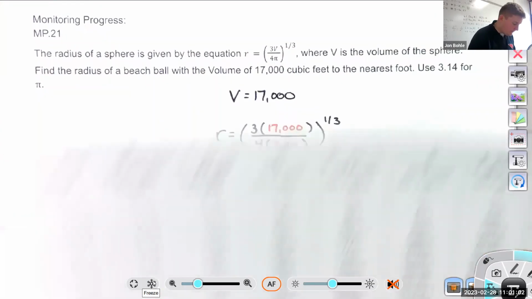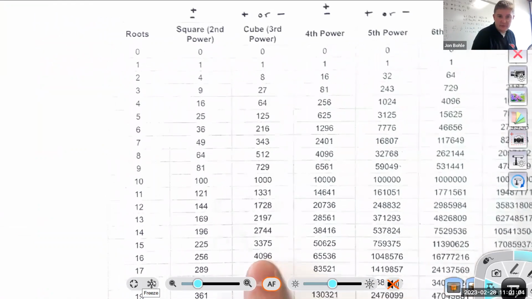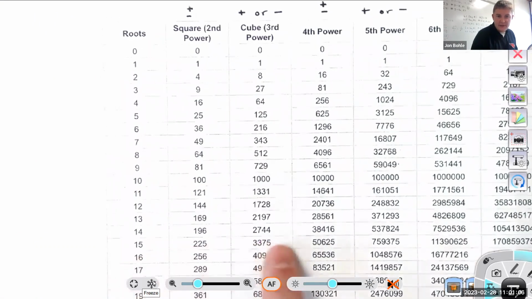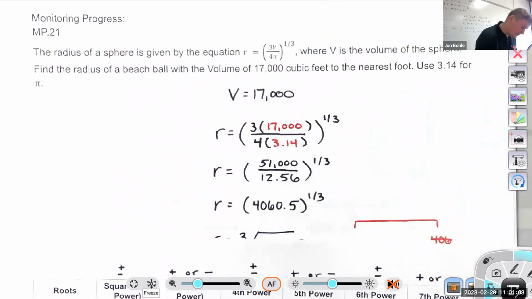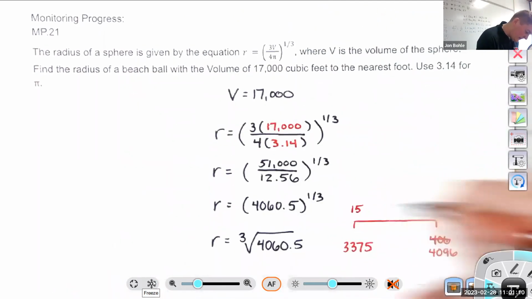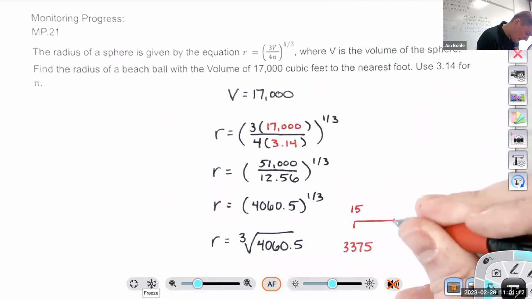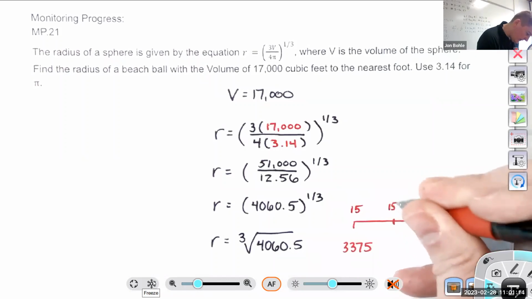Okay, and what are the roots of each of those numbers? So 4096, the root of that is 16, and 3375, the root of that is 15. So over here is 15, over here is 16, and then the middle is 15.5.